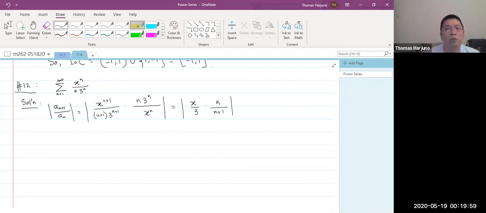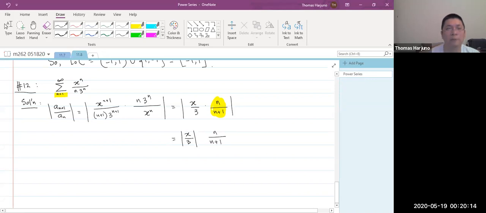n over n+1 is positive, especially when n starts from 1, right? So I just need to use the absolute value on x over 3. And on this guy here, I will work on the limit. So this is |x|/3 times 1 over (1 + 1/n). Let me use parentheses so that you can better see the separation. It goes to |x|/3, right?